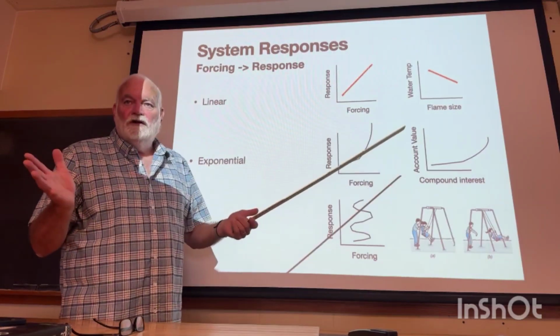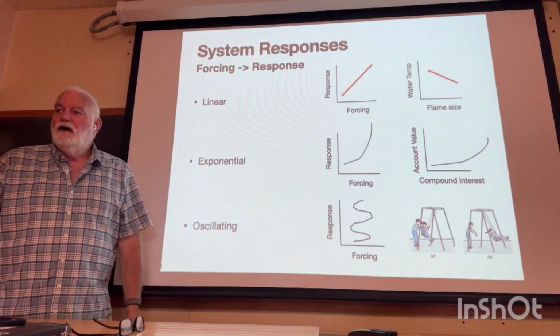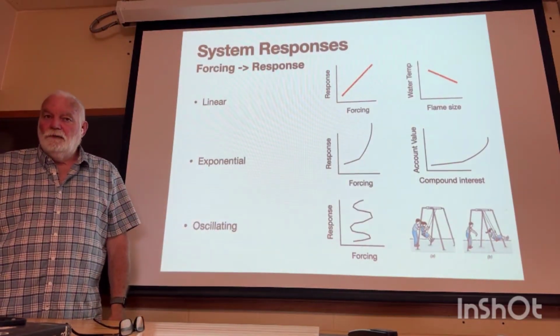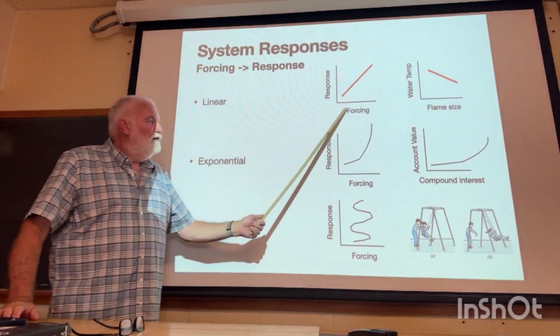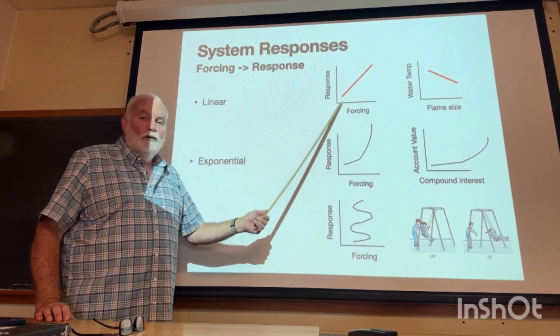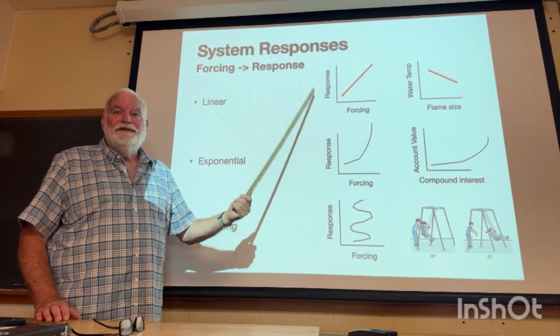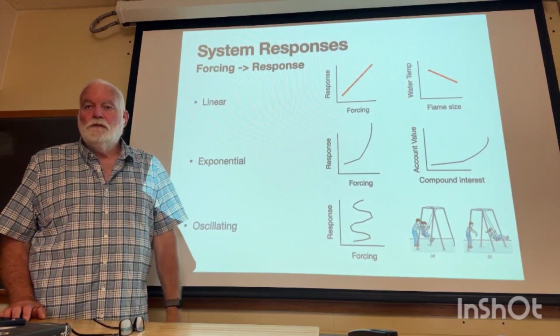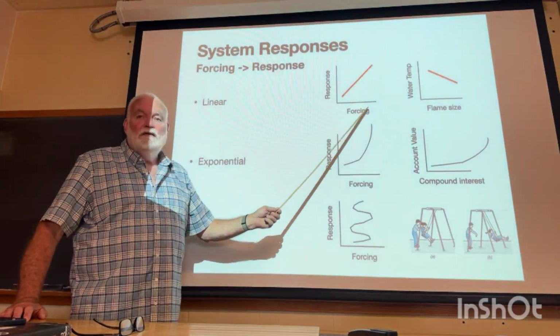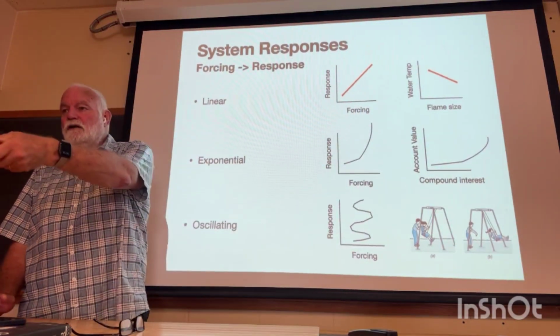Doesn't matter what you want to call the system. Go back to the tea kettle on a burner. If I turn up, what's the forcing? The forcing is the heat. What's the response? The temperature of the water.